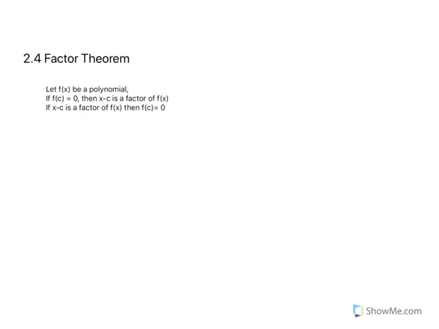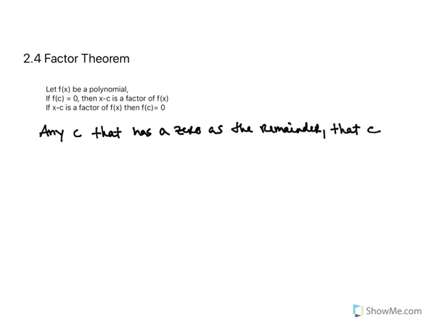And then vice versa. If x minus c is a factor of f of x, then f of c is equal to 0. Essentially, it's telling you that any c that has a 0 as the remainder, that c is a 0 of the function.